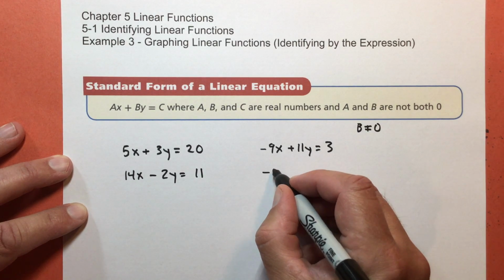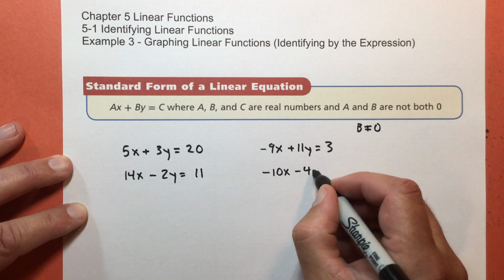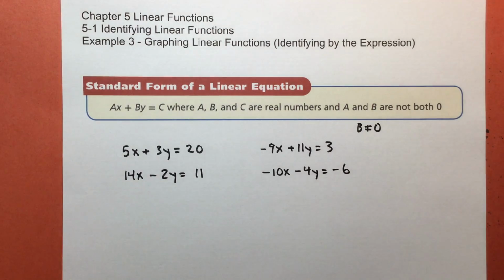Or negative 10x minus 4y equals negative 6. For each of these examples I just showed, all of them have something times x plus something times y equals something.